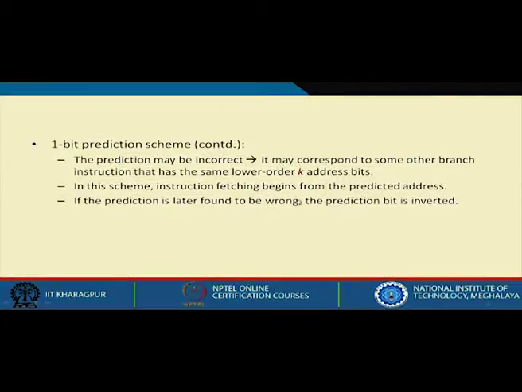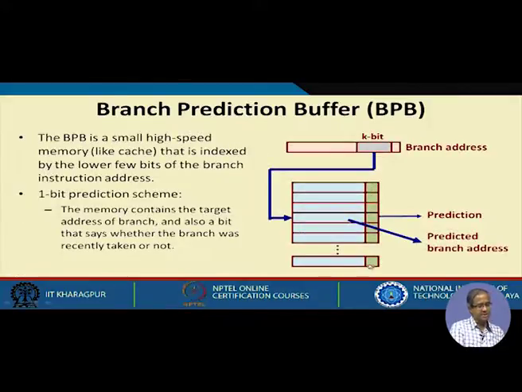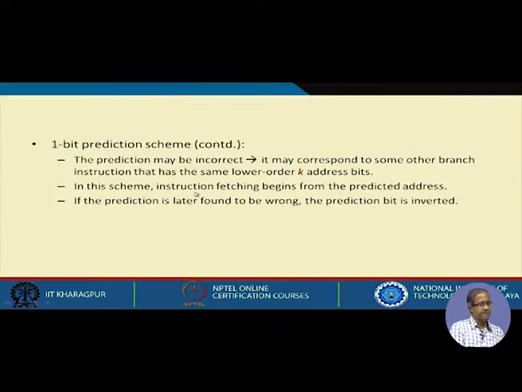So, at the end of ID you will know whether what you have taken from the BPB and are going ahead with was a right or wrong prediction. If you later see that your prediction is wrong, you can appropriately change the prediction bit in the BPB, because there is a prediction bit in the BPB which tells whether the last prediction was taken or not taken. And instruction fetching will begin from the predicted address.